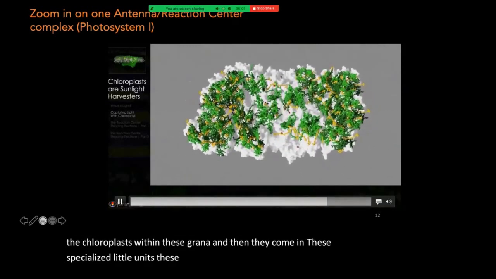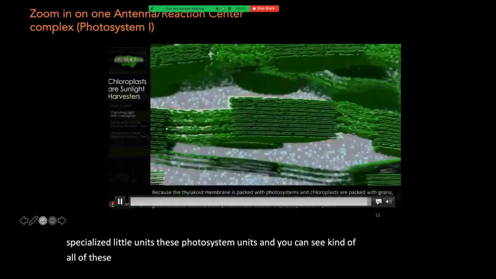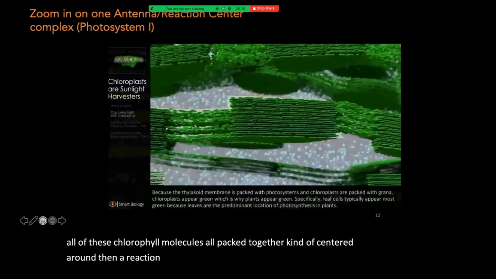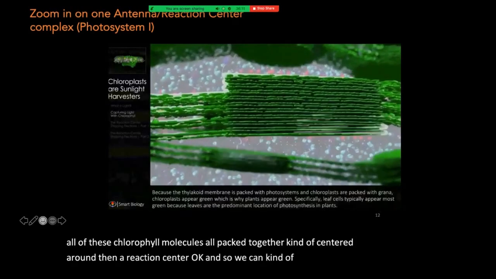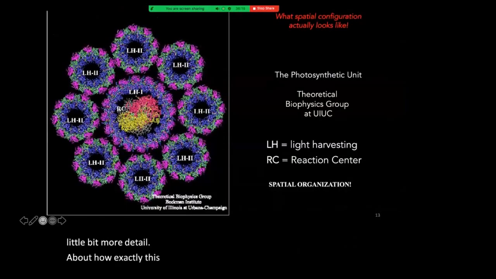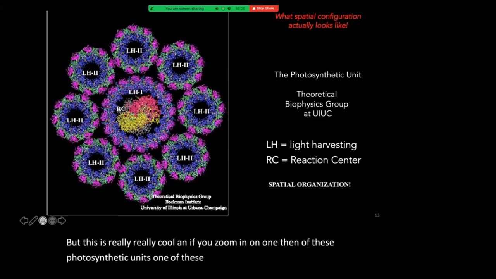You can see all of these chlorophyll molecules packed together, centered around a reaction center. We can delve into a little more detail about how exactly this looks. It looks kind of chaotic, but this is really cool. If you zoom in on one of these photosynthetic units, one of these photosystems, this is what it looks like.